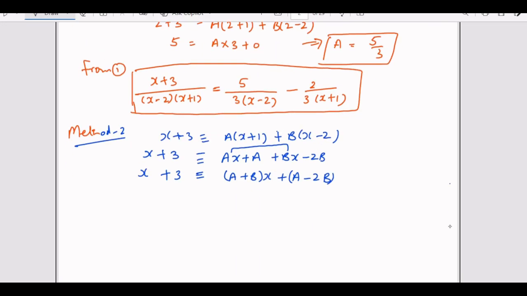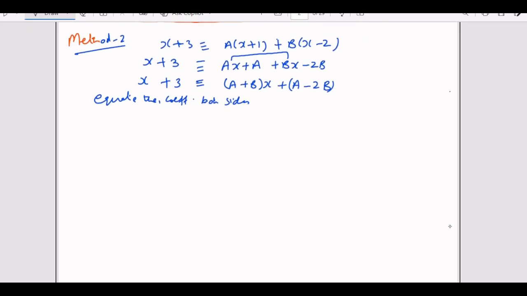When you equate the coefficients on both sides, we are going to have a plus b equals 1, because this is the coefficient of x, and here the coefficient of x is 1, and the constant term is a minus 2b equals 3.